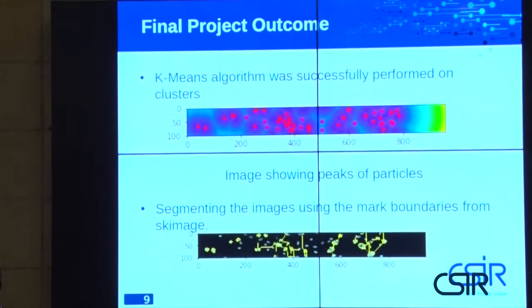We also tried to use watershed boundaries for the segmentation, and to detect the distance between the particles, where we were trying to figure out how many clumps there are. If there is no distance between the particles, then we can say this is a clump.